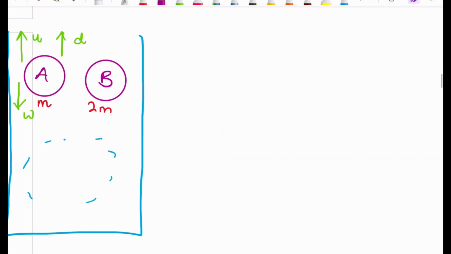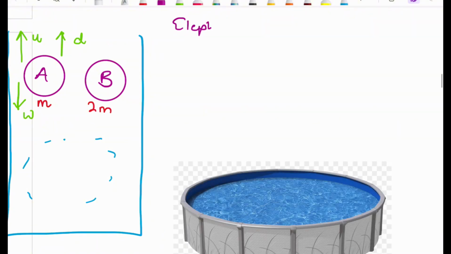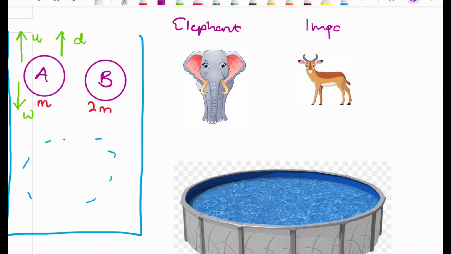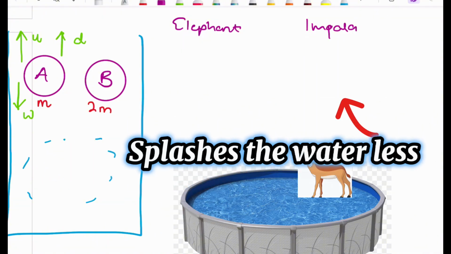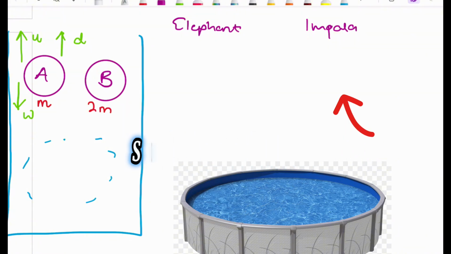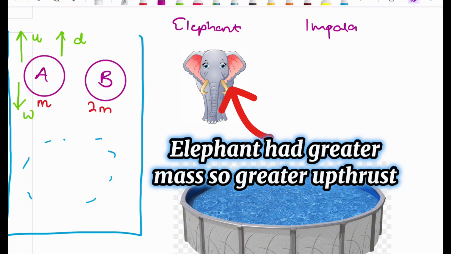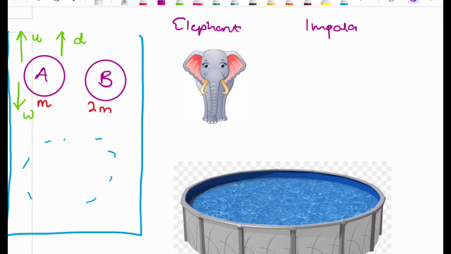Let me give you an example. If you have an elephant and, let's say, an impala, two kinds of animals, and they're going to drop in water. Obviously, an elephant is going to splash the water more and the impala is going to splash the water less. What this basically means is that the elephant had a greater mass, so it caused a greater upthrust, so the weight of the fluid displaced was greater.